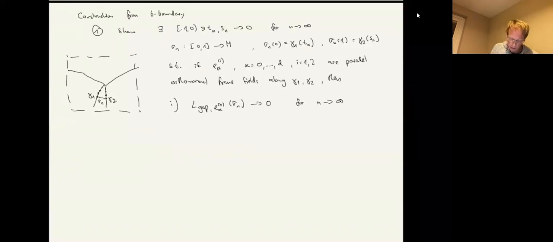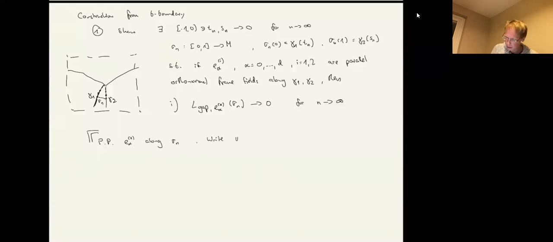Let me tell you, if you don't know what the generalized affine parameter length is, how you compute this: you parallelly propagate the frame field E_alpha^1, which lives along the curve gamma 1, along sigma_n.